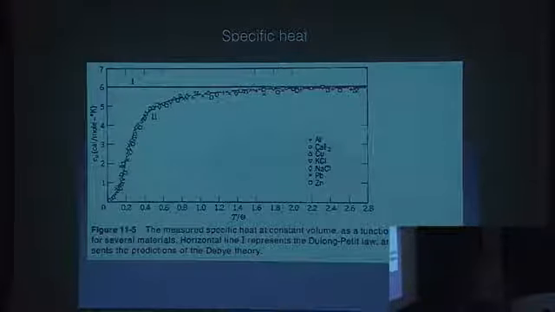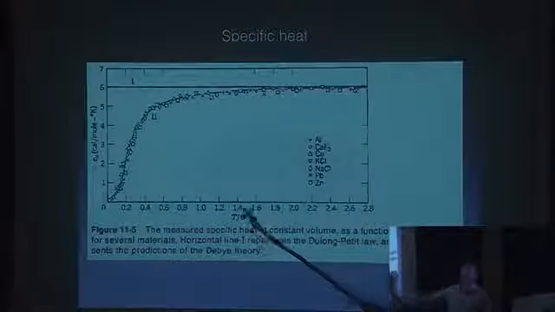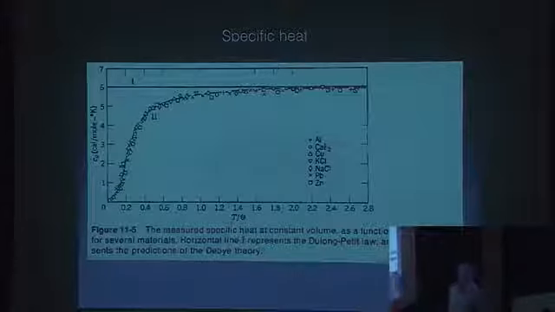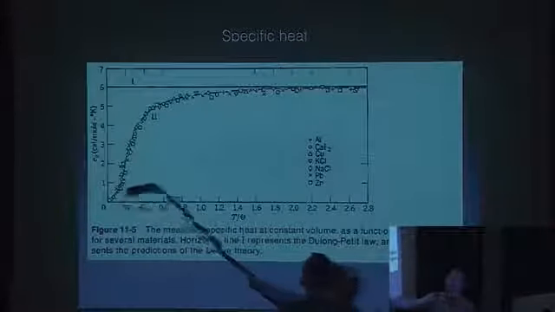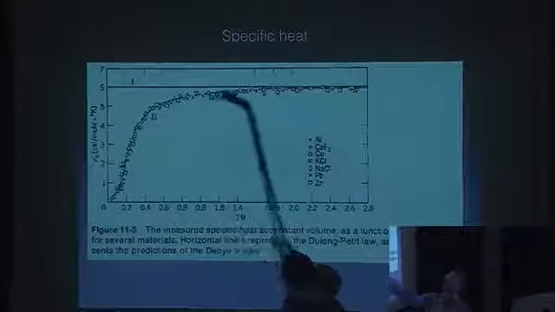The point of this picture is to show that when you scale them by the Debye temperature theta, those measured specific heats all collapse onto this one universal curve that looks precisely like you would expect from the Debye approximation that we discussed last time.